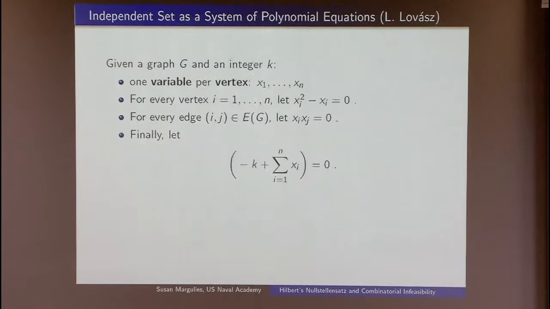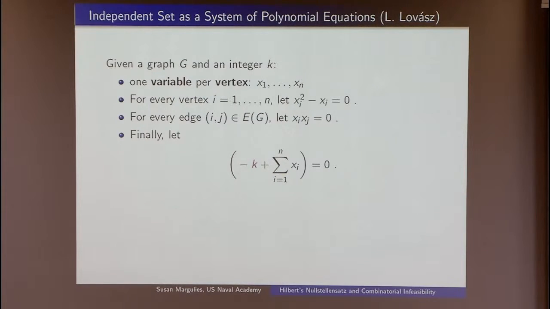So off we go. We said that our overall structure was to take this combinatorial problem and model it as a system of polynomial equations. So again, this is something that we know and love. This is Lovász's representation of the independent set problem as a system of polynomial equations. So no problem at all, one variable per vertex. For every vertex, we have this polynomial, which says basically the vertex is either 1 or 0.